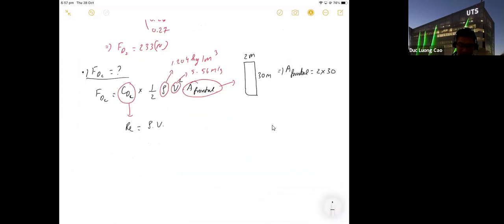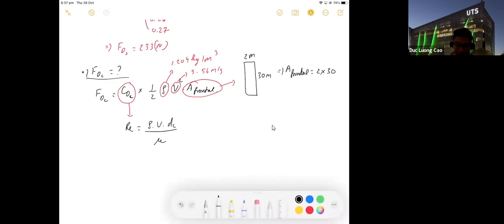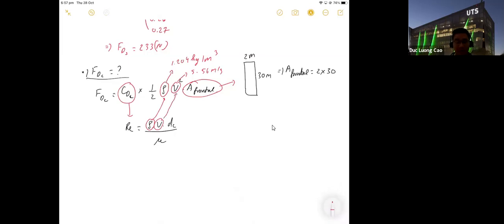Rho V d of the cylinder divided by mu. Which rho do we have here? Rho is 1.204 kilogram per meter cube. Velocity, same as this one, 5.56. The diameter, you have 2 meter.